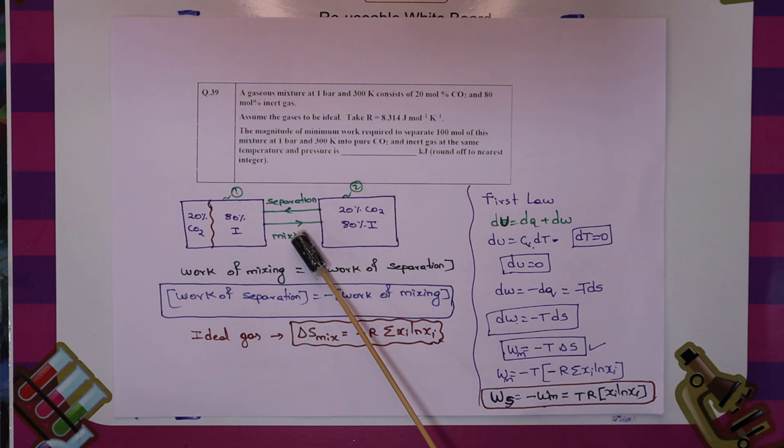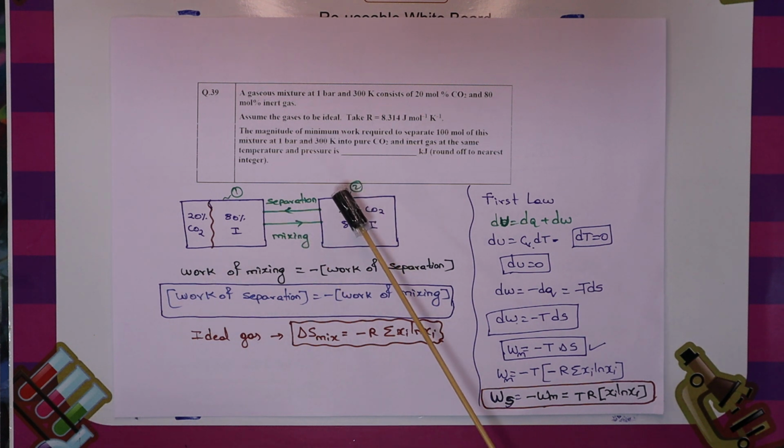What you are supposed to calculate finally is the work required to separate the CO2 and inerts. I want pure CO2 on one side and pure inerts on the other side. That means from a mixed state I have to separate these two. To do this process, how much work do I have to put on this system to get this separation?